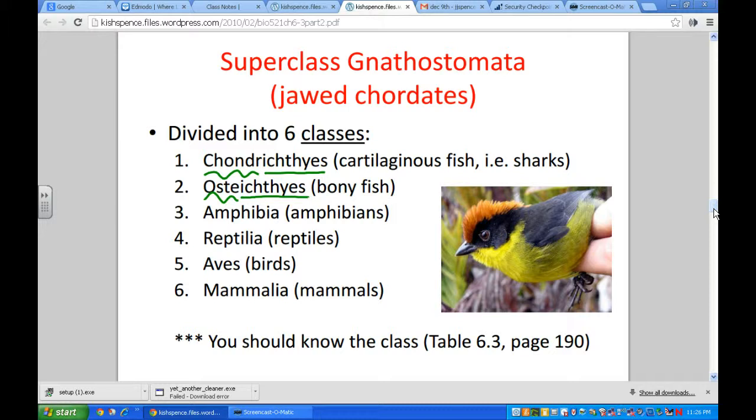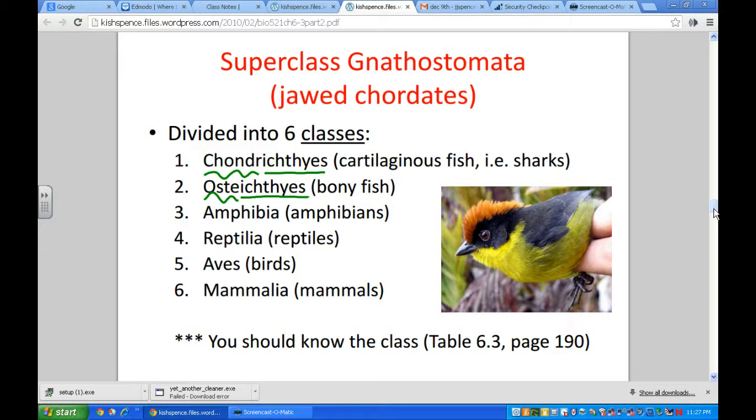So oste means bone. Ichthyes means fish, so it's the bony fish group. Amphibia, or amphibians like frogs, toads, and salamanders and newts. Reptilia, class Reptilia is the reptiles, class Aves is birds, and class Mammalia is our class, which includes the mammals.